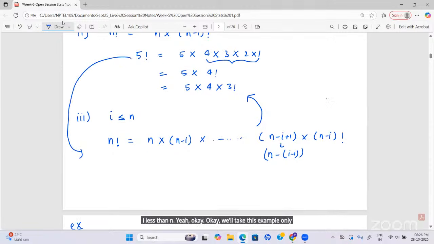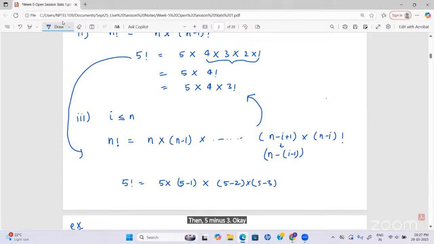You can see that 5 factorial, you can write it as 5, then 5 minus 1, into 5 minus 2, then 5 minus 3. So if I write, then this is 5, this is 4, this is 3, this is 2, and then it will be the factorial sign here. Now you can see what is the value of n and what is the value of i here for this particular example.